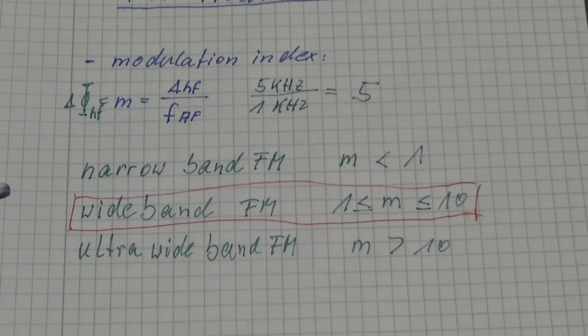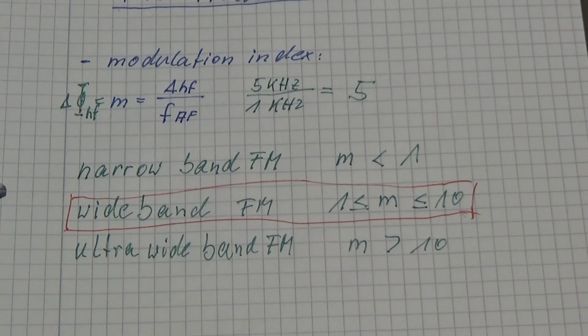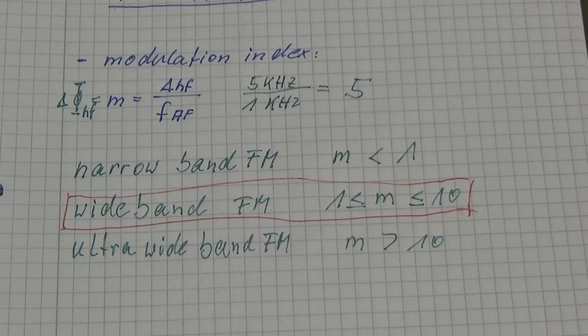And the method by which we get our deviation out of our screen signal, our spectrum analyzer signal, is only valid here for our wideband FM. So that means for the modulation we are normally working with in our ham radio or CB radio world.